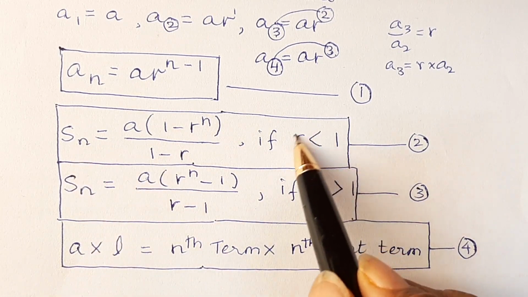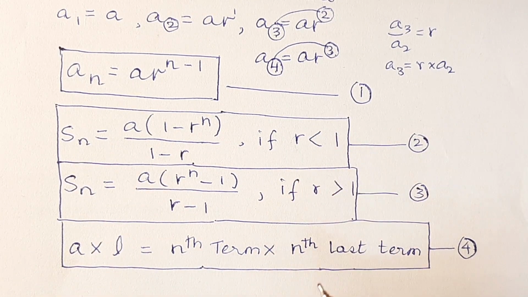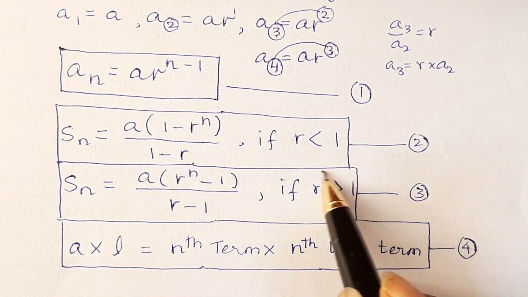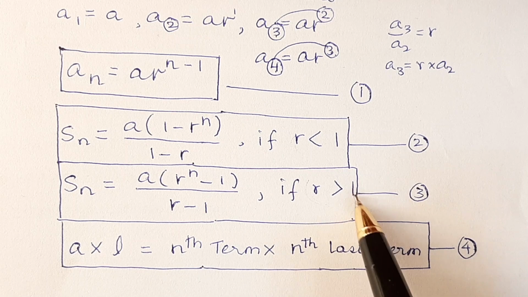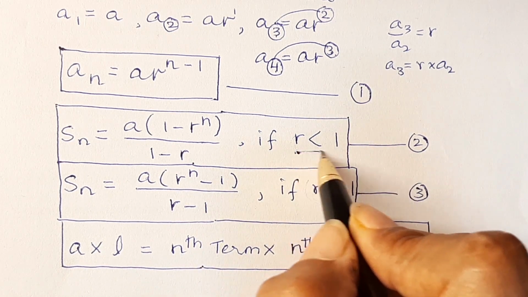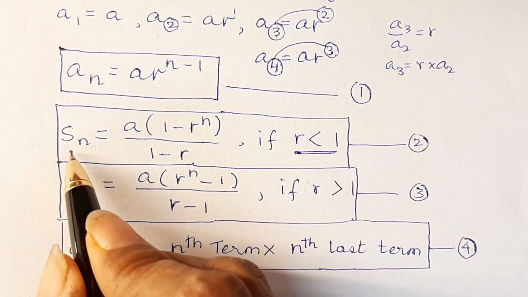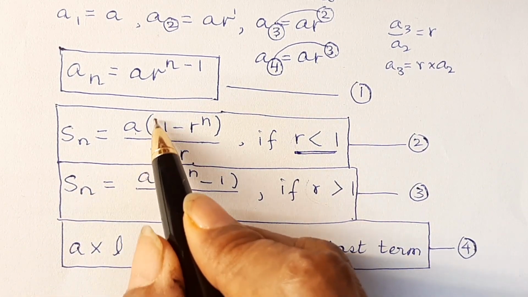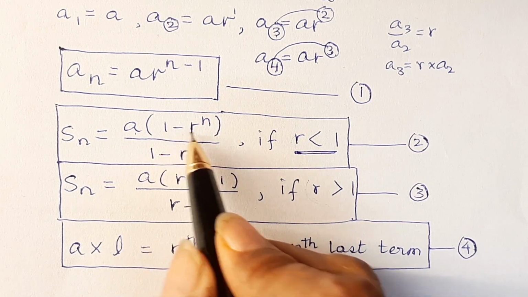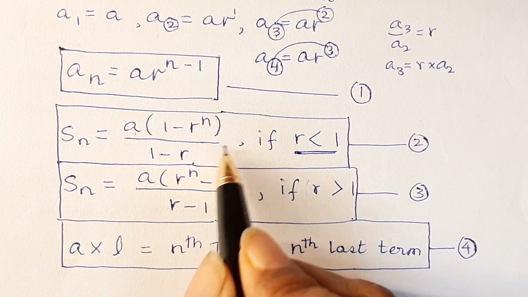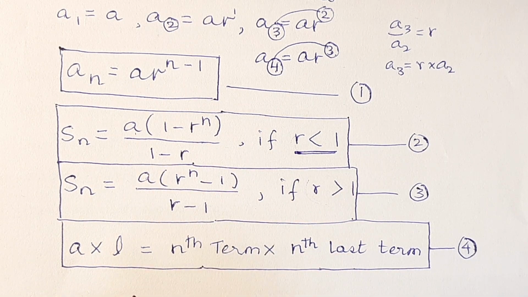One is when the common ratio is less than 1, and the other one is when the common ratio is greater than 1. If the common ratio is less than 1, then Sn is A, which is the first term, into bracket 1 minus r to the power n upon 1 minus r.